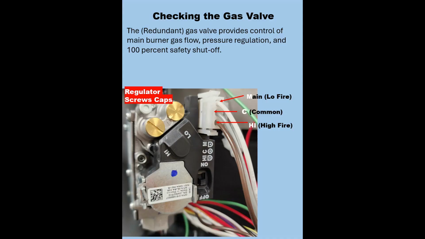But it's like the old thermocouple type furnaces, if you've been around for a while. The thermocouple always had to have flame on it because that held the main gas valve open. And if that portion of it wasn't open, the rest of the valve wouldn't work either.